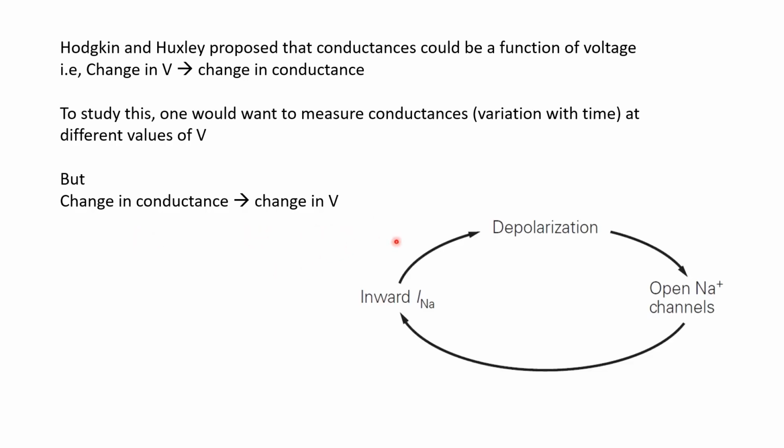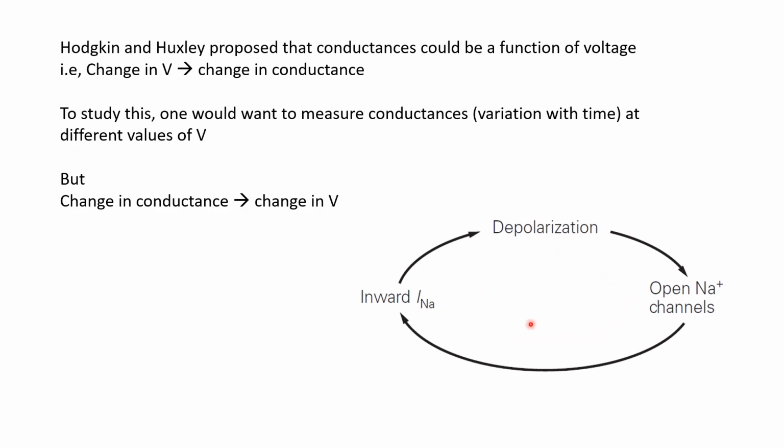To take a concrete example, we have discussed that a sufficiently large depolarization can cause opening of sodium channels. And when the sodium channels open, they allow sodium currents to flow inwards. So sodium ions come in and they make the membrane potential even more positive. So there is further depolarization, and that causes further opening of sodium channels. So membrane potential keeps on rising.